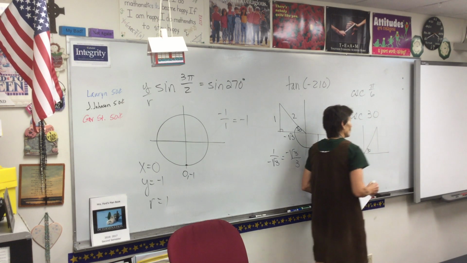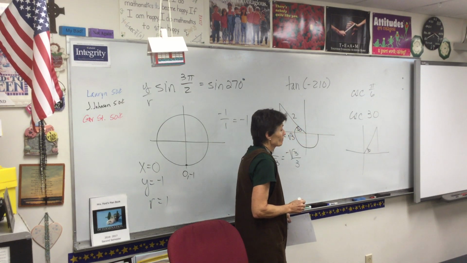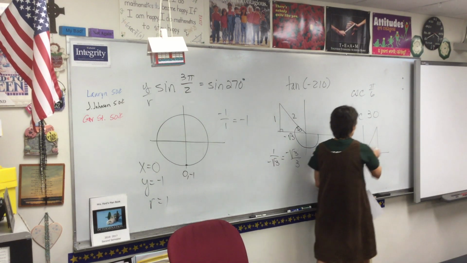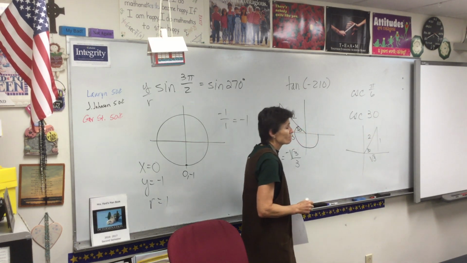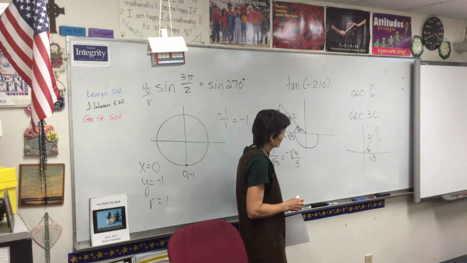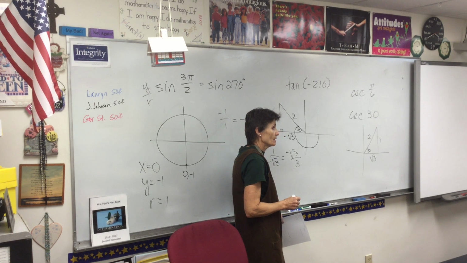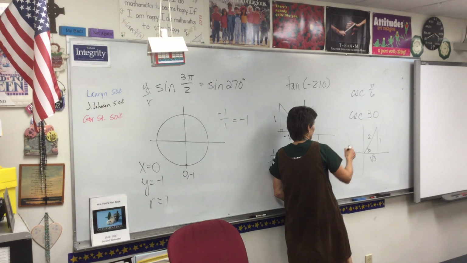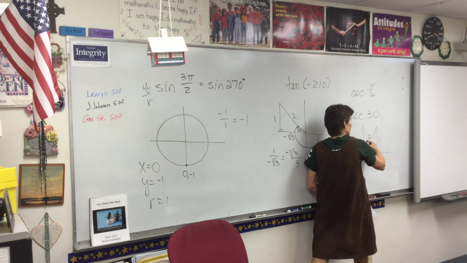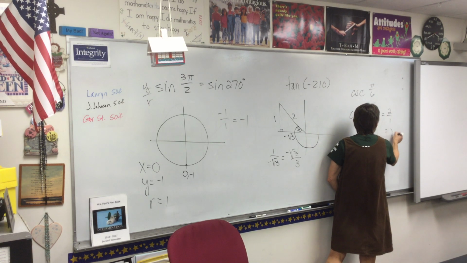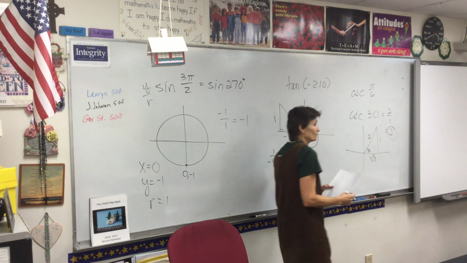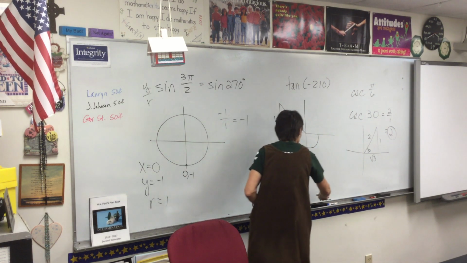It's right here in quadrant 1. 1, root 3, 2. Do I have to worry about negatives? Not in quadrant 1. I want the cosecant. Cosecant would be hypotenuse over opposite. So 2 over 1, or 2.